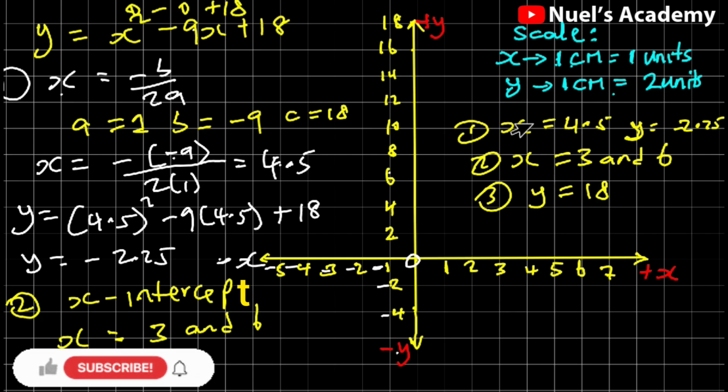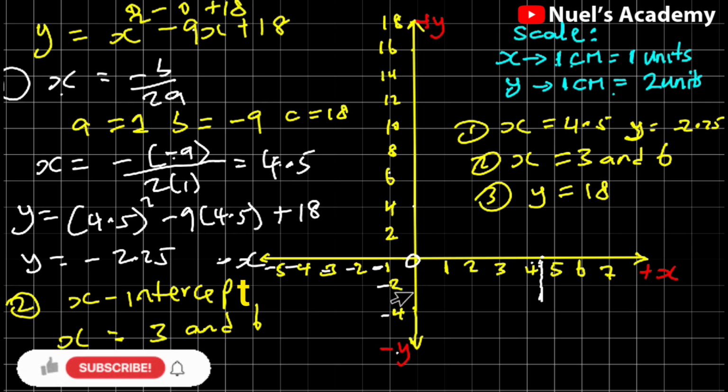So starting with the vertex, we have that when x is equal to 4.5, y is negative 2.25. So this is when x is 4.5, so this is our 4 here. In between 4 and 5 is 4.5. And then when x is 4.5, y is negative 2.25. So 4.5 is going to come down here, and then y is negative 2.25.